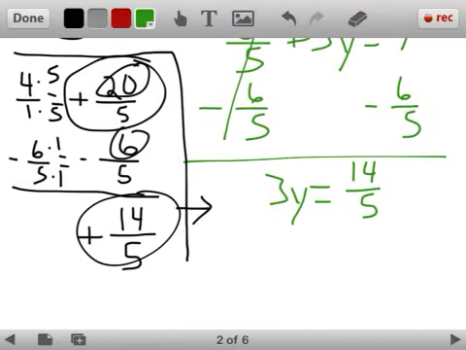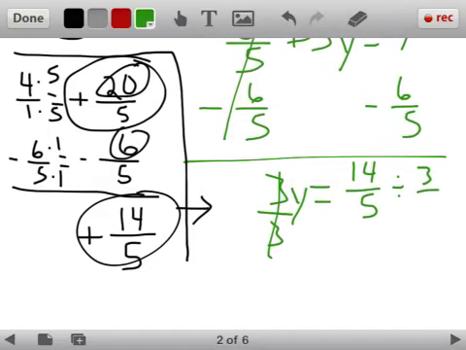And so now I need to divide the left side by 3, and I'm going to divide the right side by 3, but I'm going to set it up like this. Divide it by 3, because this is most likely how your 6th grade teacher taught you to divide fractions.